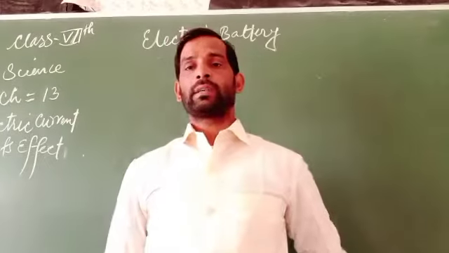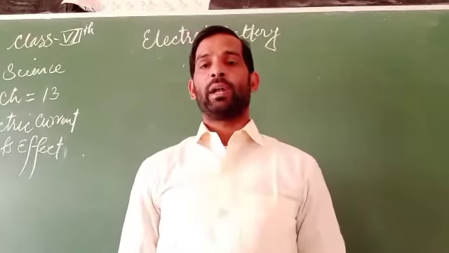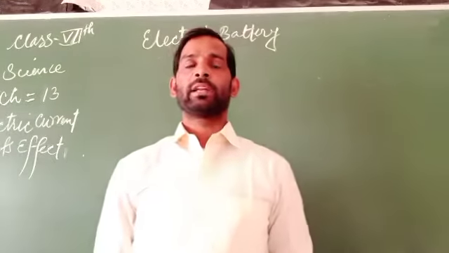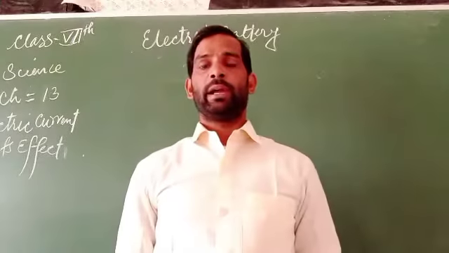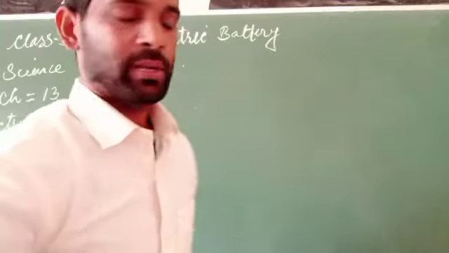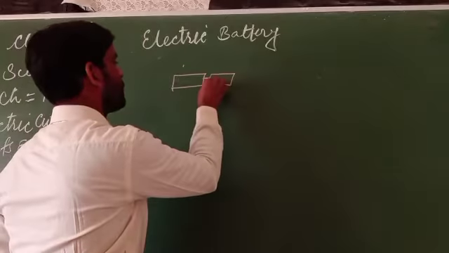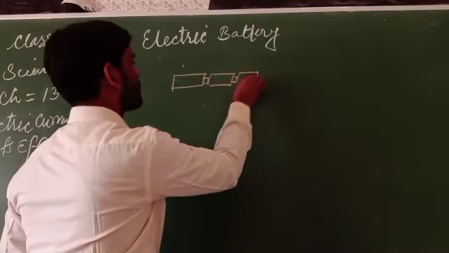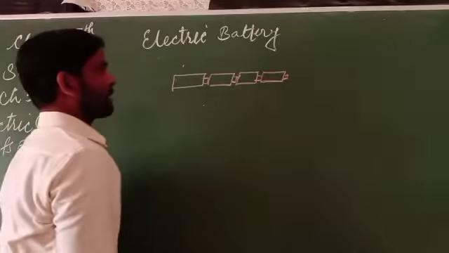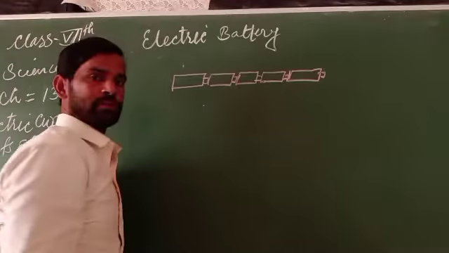When two or more cells are joined or combined with one another, this is called a battery. In a battery there are two terminals, arranged in such a way: a positive terminal and a negative terminal.